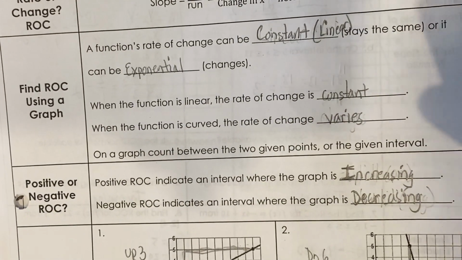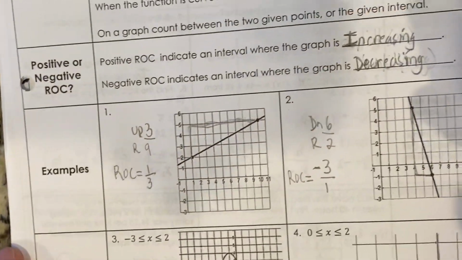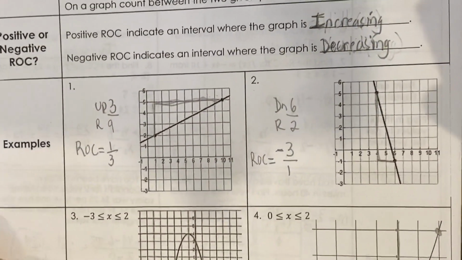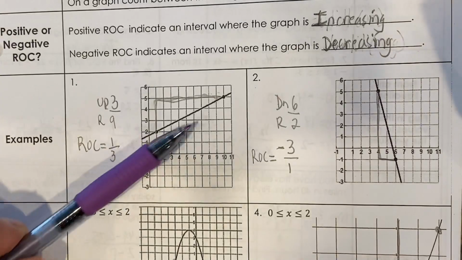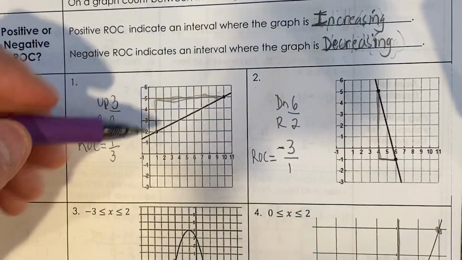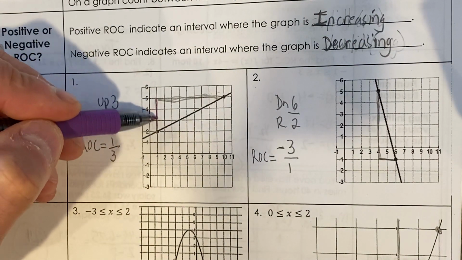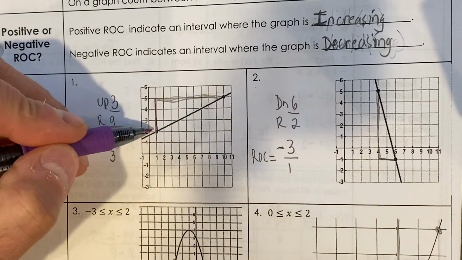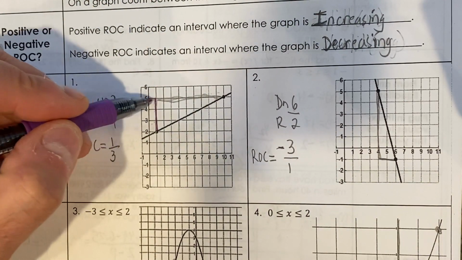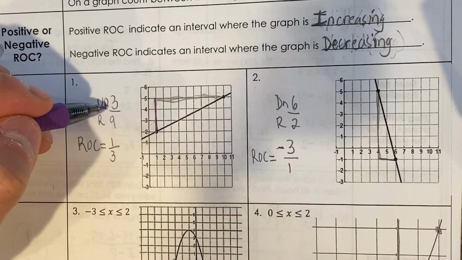So here's some examples that we're gonna look at. Okay, the first one. So as you can see, it's a line. And so if you were to look at its slope between 2 points, as you go up 3, 1, 2, 3, that's up 3.